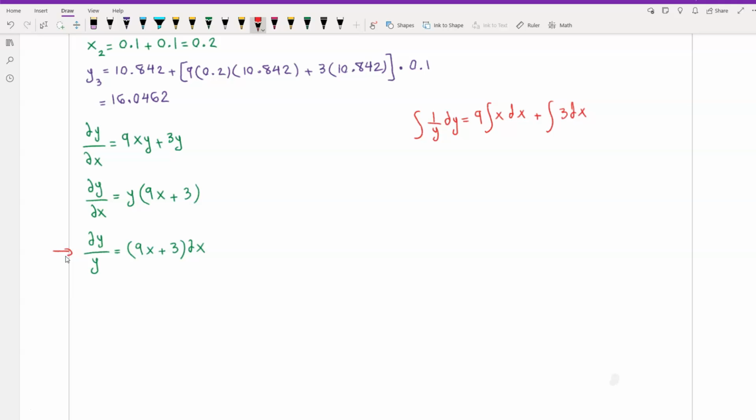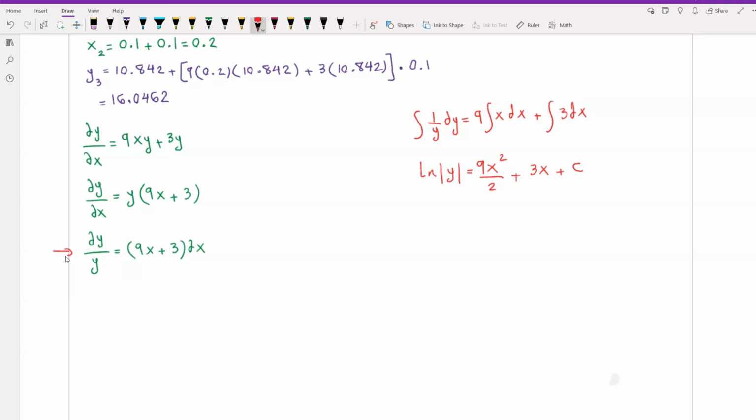So integrate, that is natural log absolute value of y, and that is equal to, here we have 9 integrate x, so that is x squared divided by 2 plus, here we have 3, so that is 3 times x plus c for constant.